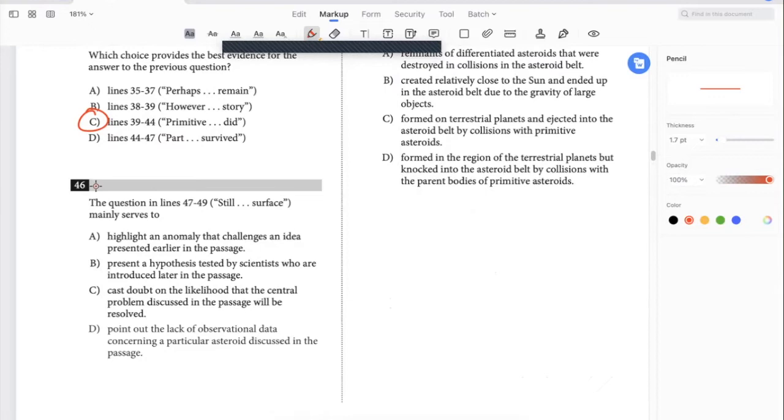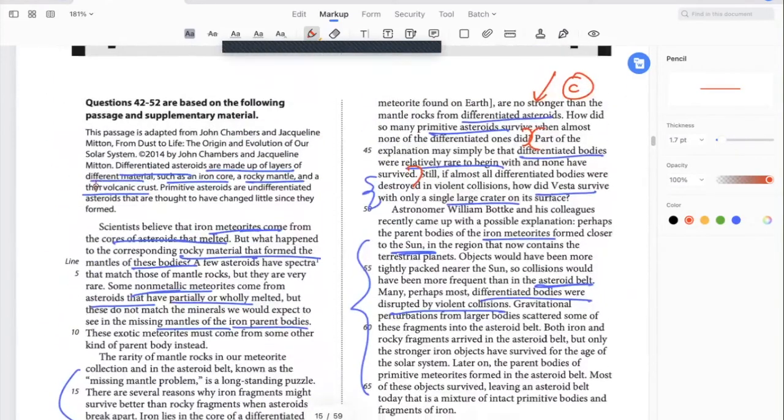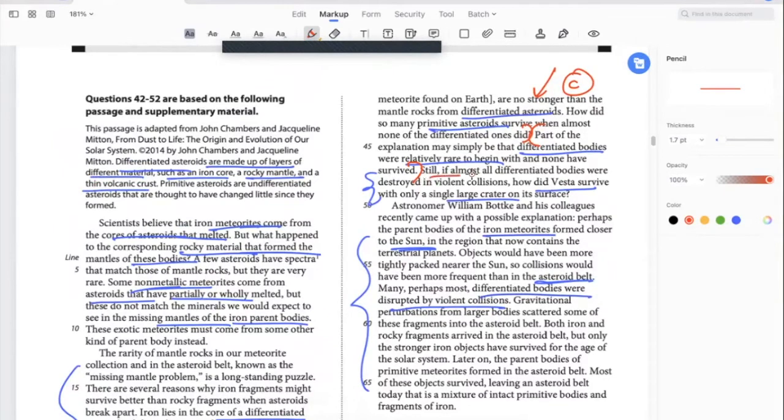Okay, the question in lines 47 to 49 mainly serves to... 47 to 49. Still, if almost all differentiated bodies were destroyed in violent collisions, how did Vesta survive with only a single crater?